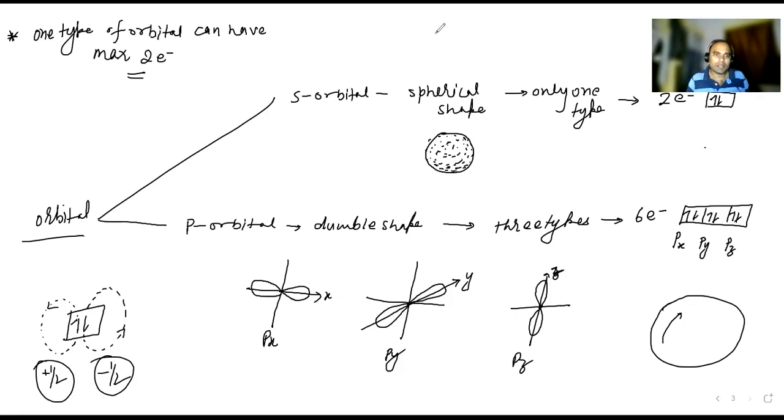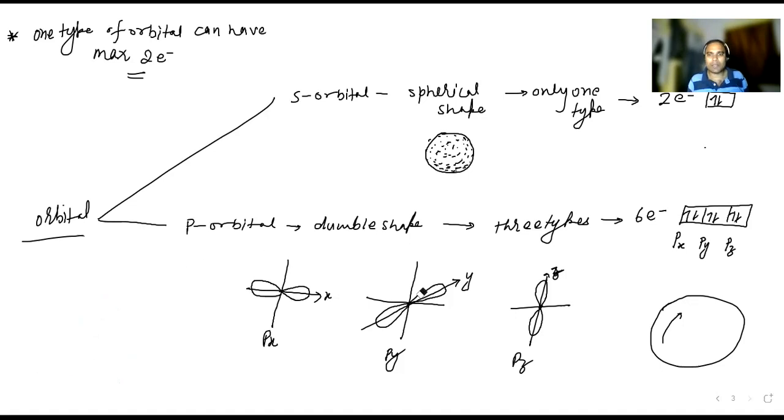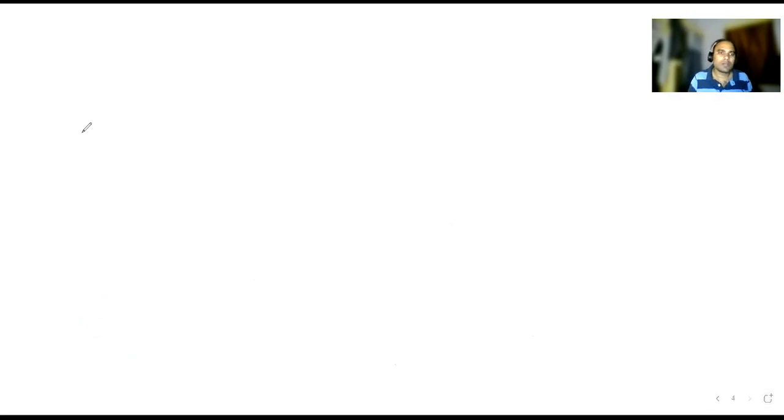So next, the d orbital. You have drawn the s and p orbitals. Okay, so I'm erasing this one. Two more orbitals are there. The third type is the d orbital.